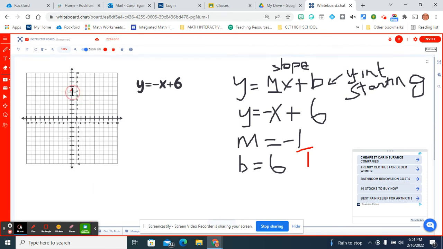So I have one dot here at 6, then I would have 1 down and 1 over, 1 down and 1 over, 1 down and 1 over. These would all be points on the line once I connect them. I can also move another equivalent fraction. So instead of moving down 1 and over 1, I could move down 3 and over 3, since negative 3 divided by positive 3 would still give me negative 1 over 1.